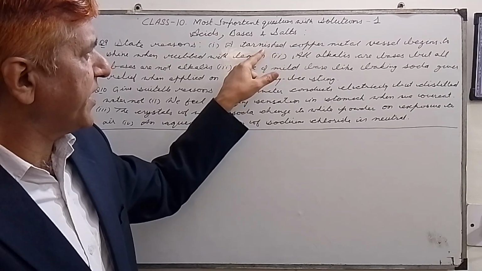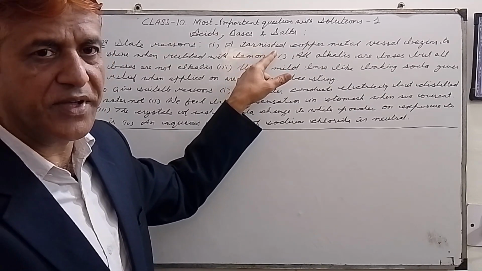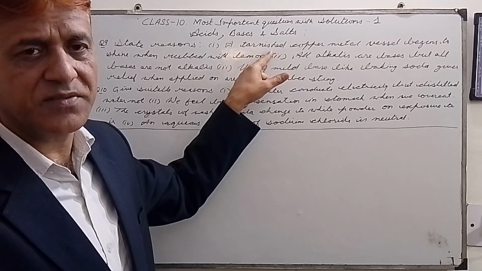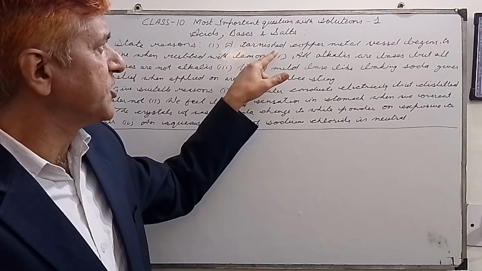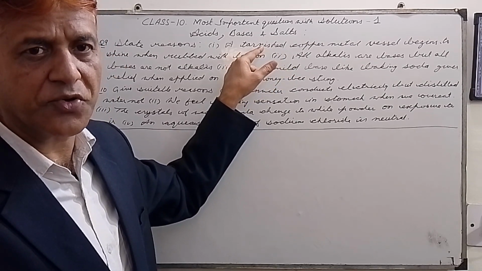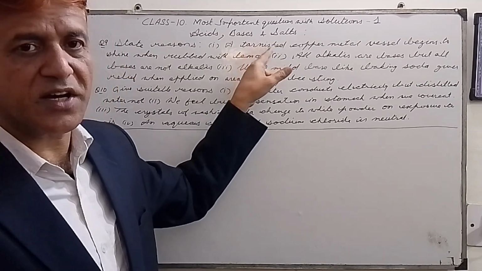When copper gets tarnished, it has reacted with moist air. So you might have seen a green color coating formed on copper vessels. So that is tarnished copper.